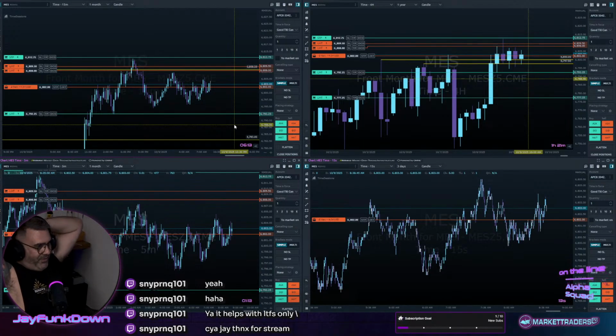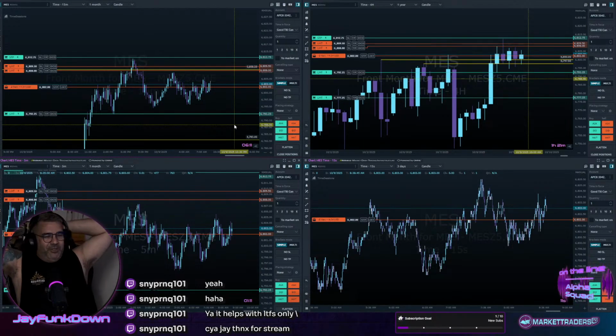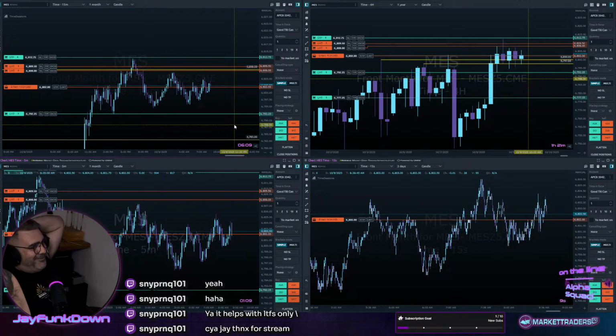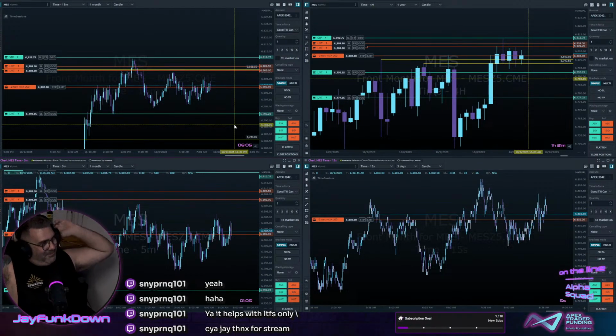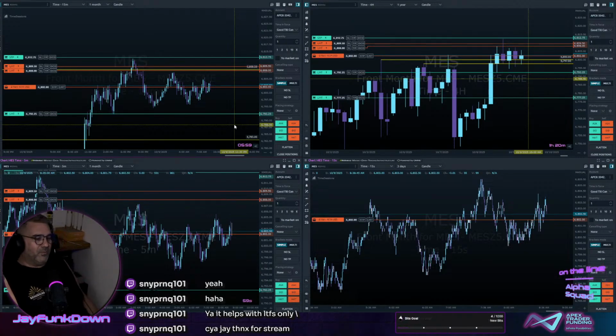Yeah, it's not looking very dumpy. It's not looking like anything yet. It's just looking like straight sideways. All right, I'll be back.